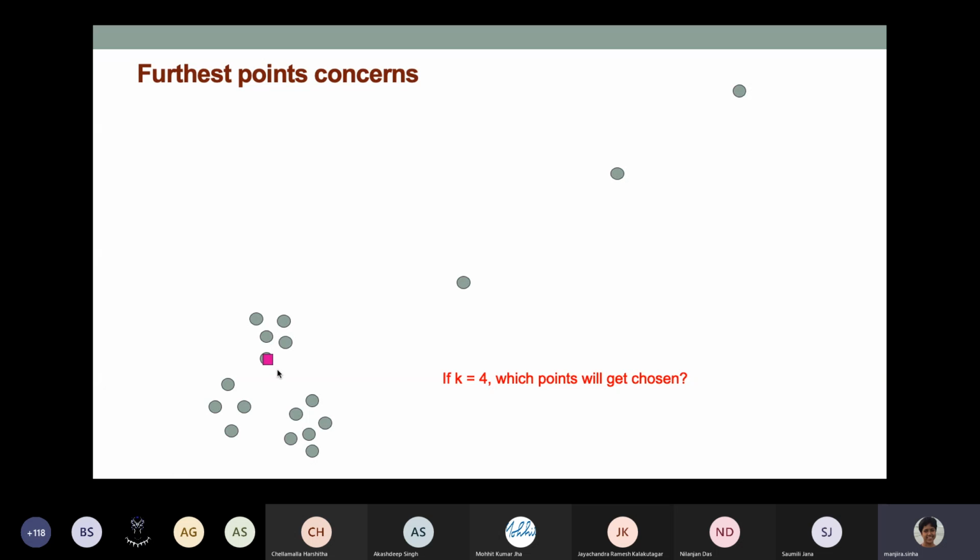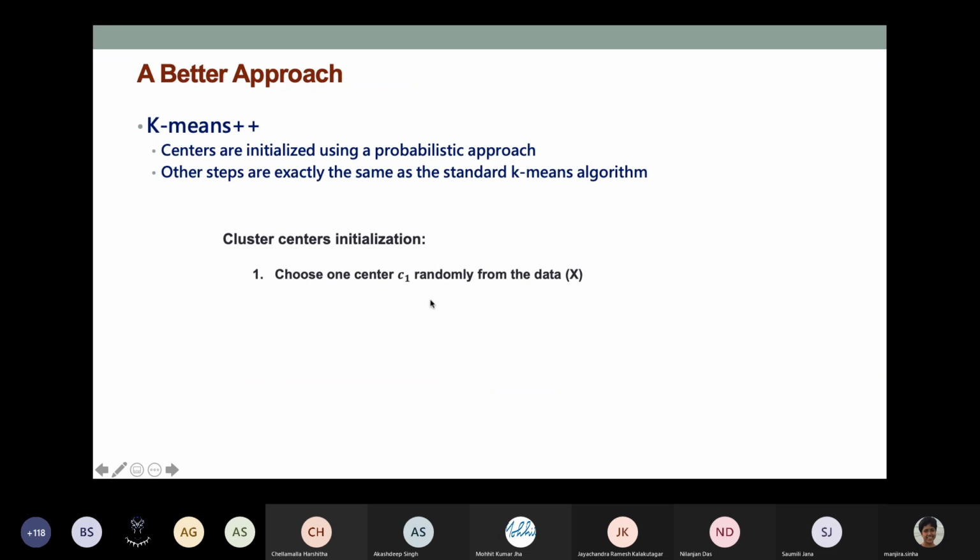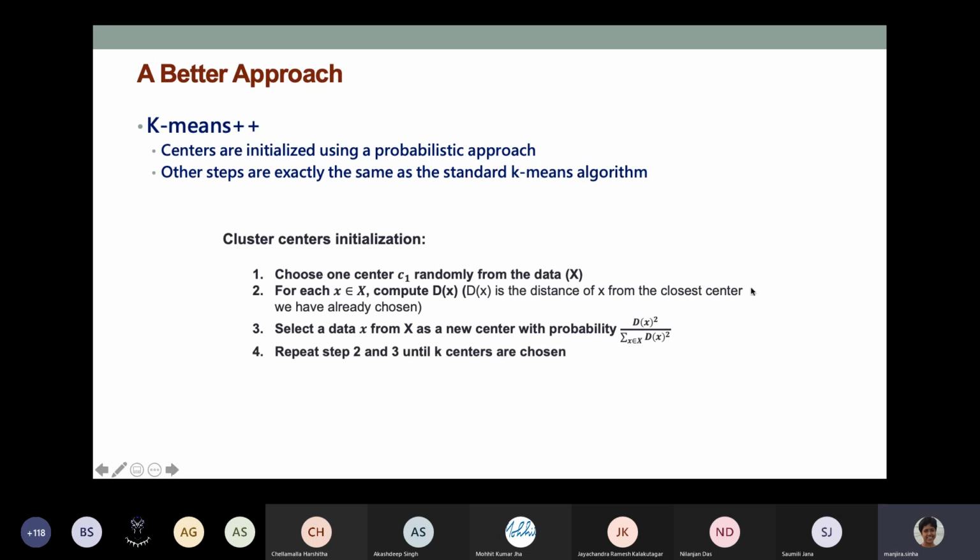But now, instead of the farthest center, what I am doing is normalizing the distance of a particular data point by the summation of all the distances. So even if my distance is very high, when it is normalized over all the points, the probability that an outlier will be picked up as the second center will decrease.